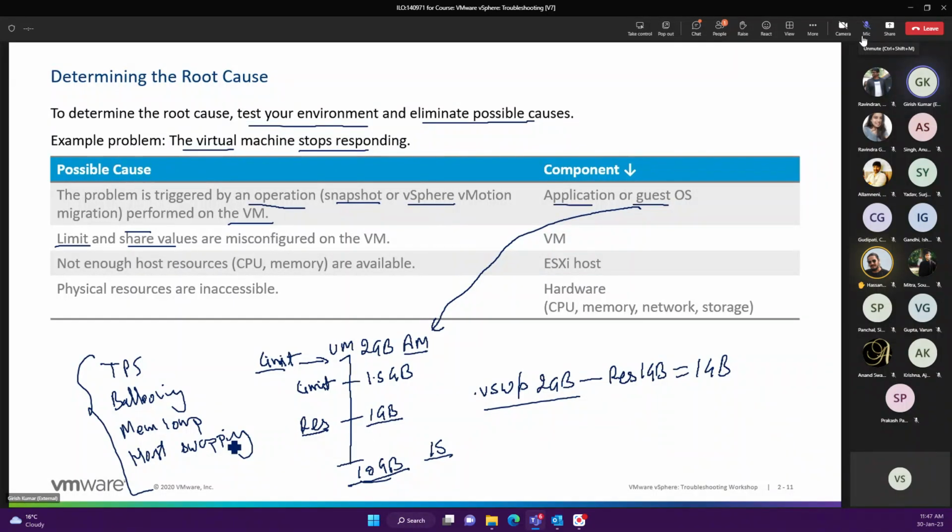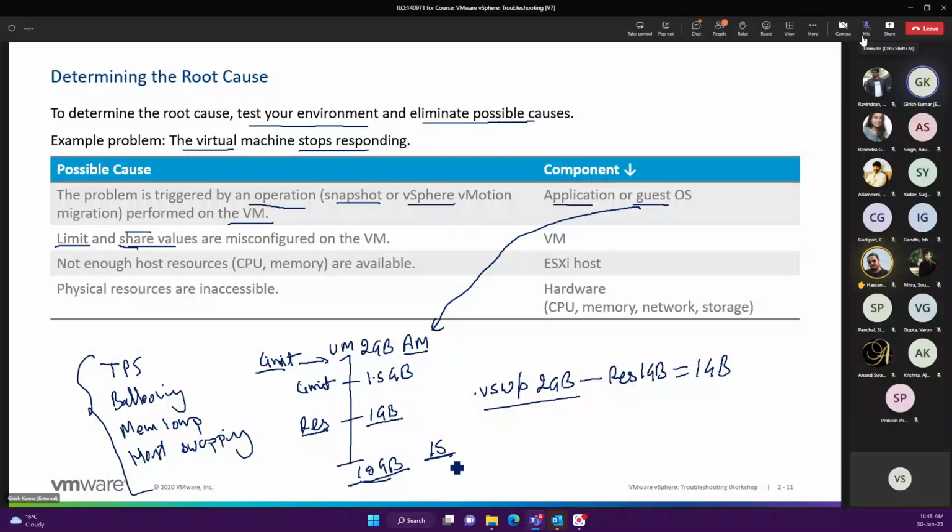But right now, we want to know what is the share value, and when the hypervisor considers using the share value. So share defines the priority. And priority comes into the picture whenever you have two conditions. First condition, contention: demand becomes higher than what you have.